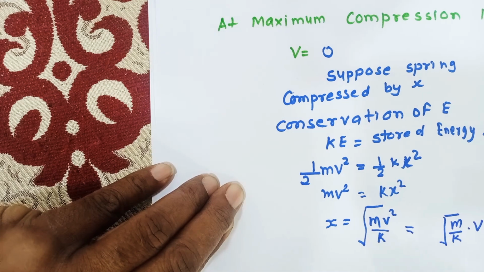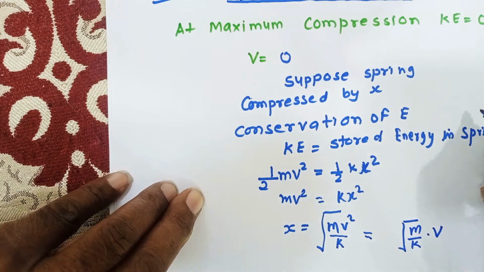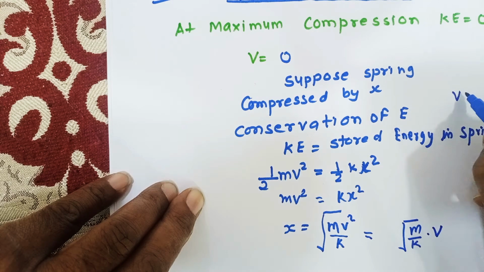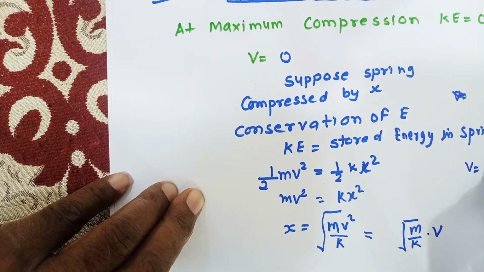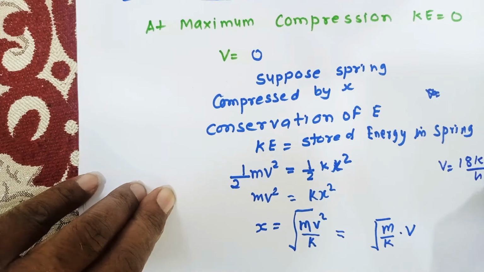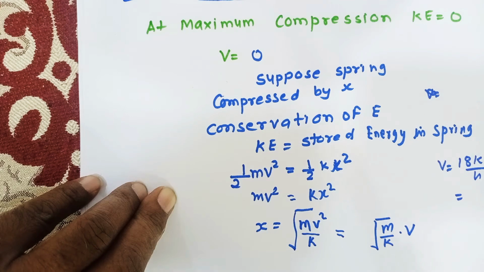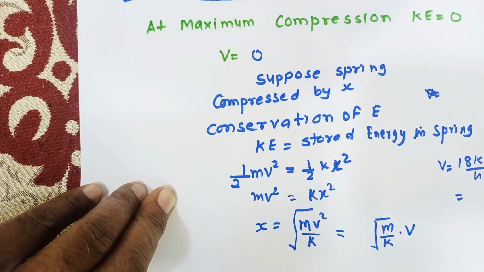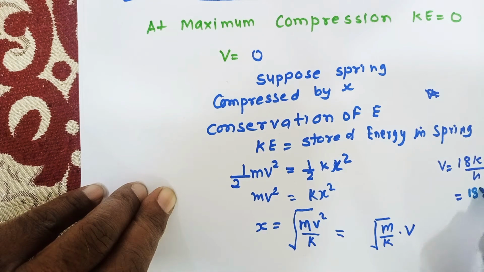Here the velocity of the car is given as 18 km per hour. So 18 km per hour we can convert into meter per second, and that will become 18 into 5 by 18, hence it will be 5 meter per second.